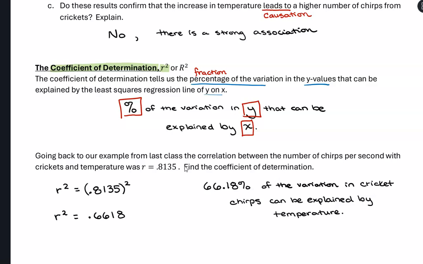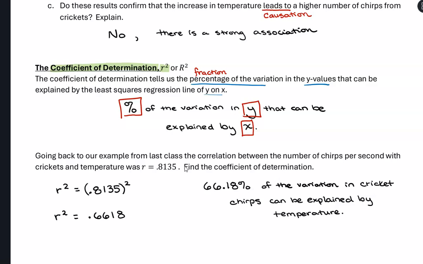So what this is basically saying is, with the cricket chirps, there's a variability occurring. There's a change happening. And 66% of that change is coming from temperature. Which means we're estimating that 34% is coming from other things.